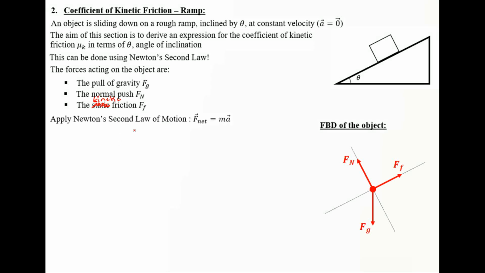Now let's apply Newton's second law. F net is ma. The total forces are given by the pull of gravity, Fn and Ff, which is ma. Now along the x-axis, the pull of gravity can be replaced by Fg sine theta. Ff would be in the negative direction, and the acceleration is 0, although we have motion, but it's constant velocity.